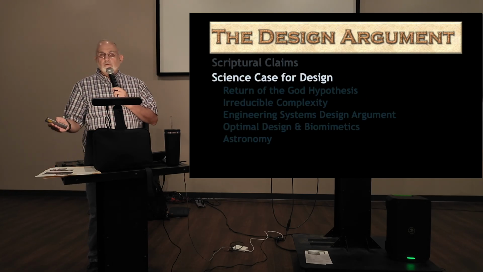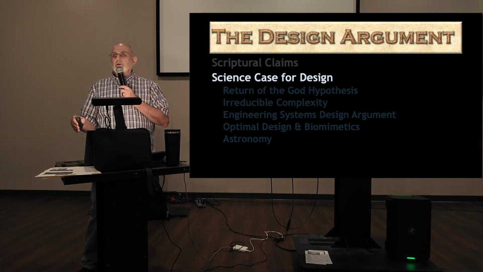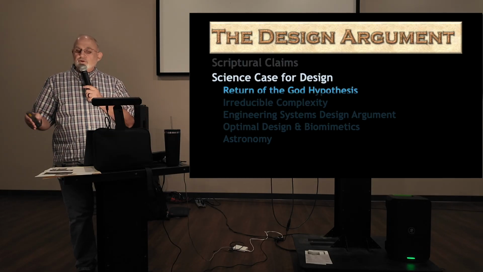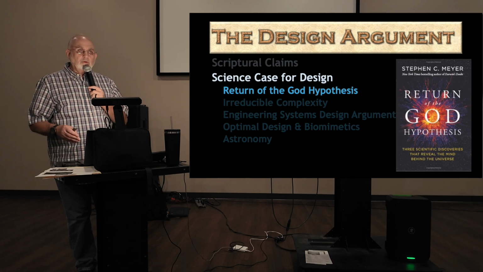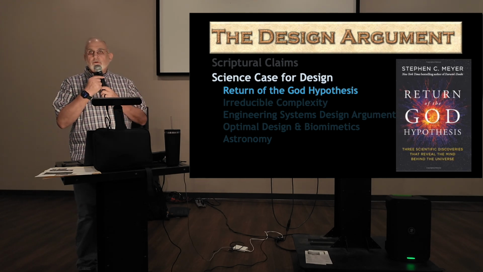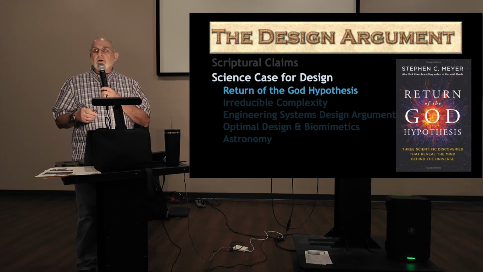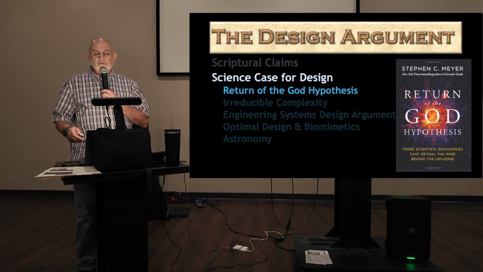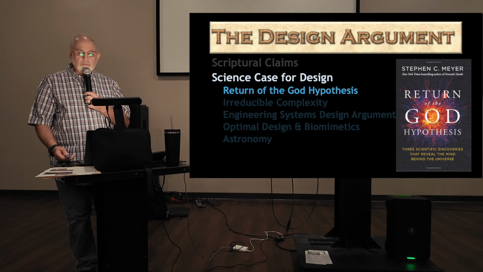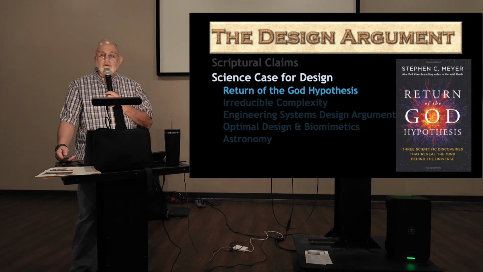So we'll come back to a little bit more of God's design when we talk about engineering and how God is an engineer. But I want to highlight now some of the early 20th century design evidences. There's a book that came out in 2021 by a man named Stephen Meyer. He's one of the smartest and most humble men you'll ever meet.